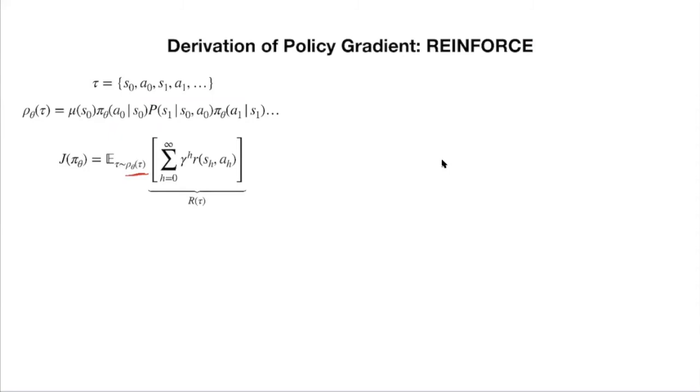Because now I have a distribution over trajectories, and I'm doing an integral over all trajectories weighted by the likelihood of sampling that trajectory. And we know the likelihood of sampling a particular trajectory is evaluated using this product of policies and transitions, just by the Markovian property.